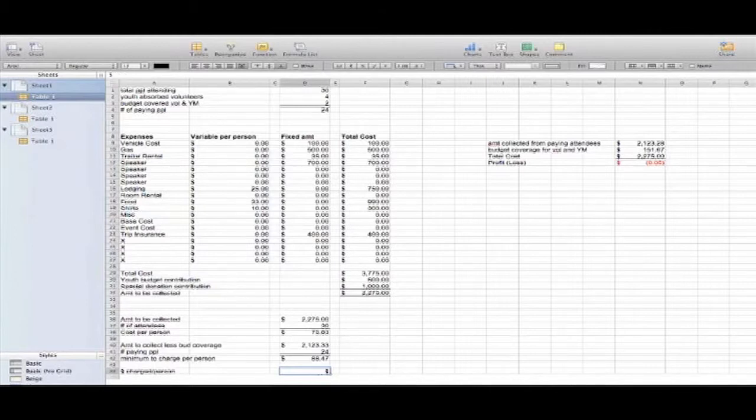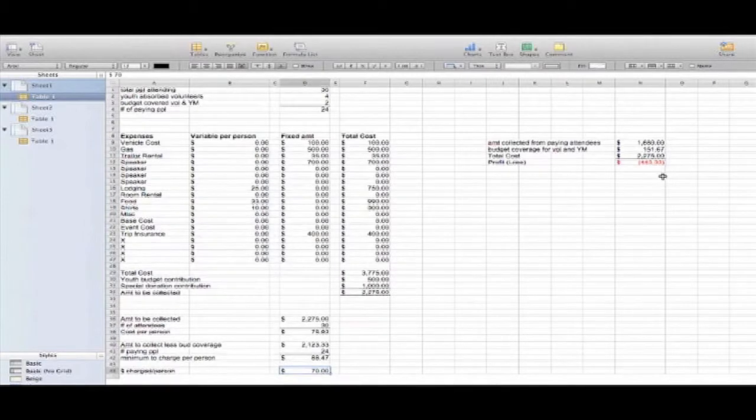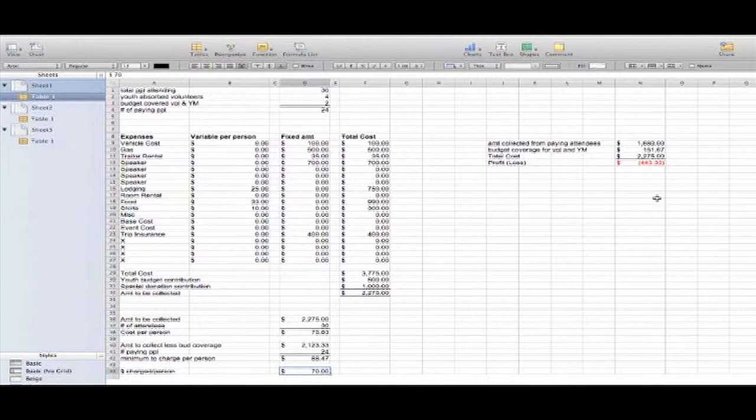The most your kids can afford to pay would be $70. Well, that's fine. You can plug that number in. It'll show you how much money you'll be losing. So you either have to trim that much out of the event or the trip, or you have to find money to cover that cost. Or if you're worried, hey, gas might go up between now and when we actually leave, should probably budget a little high, you could say we're going to do a $95 trip. And there, now you know you have a $156 cushion.